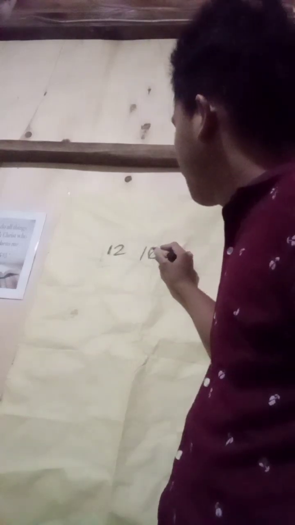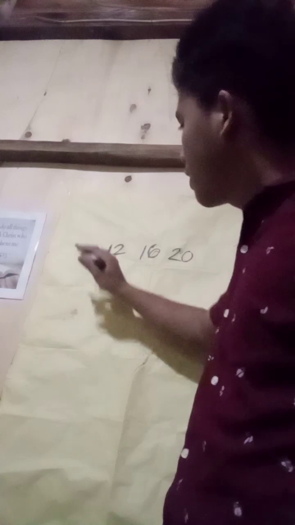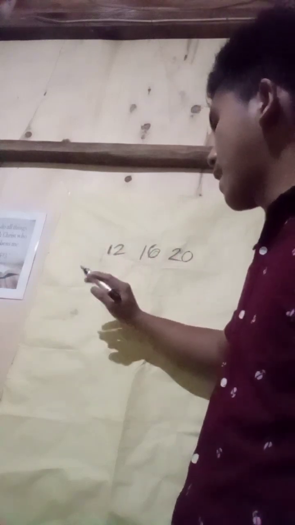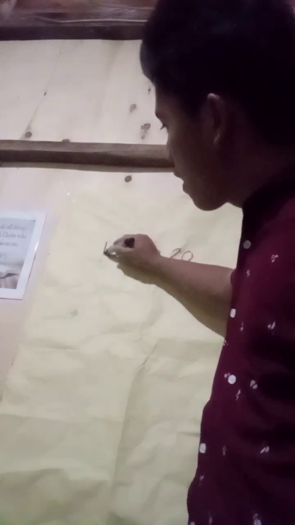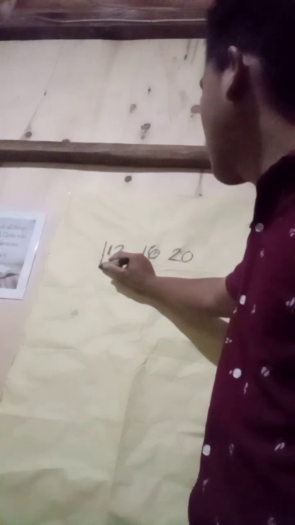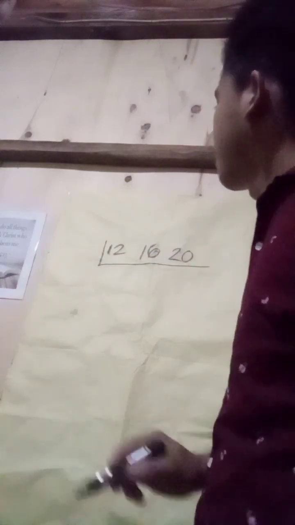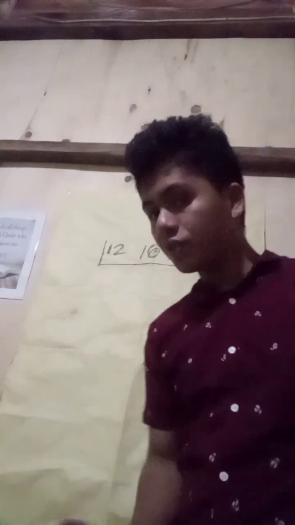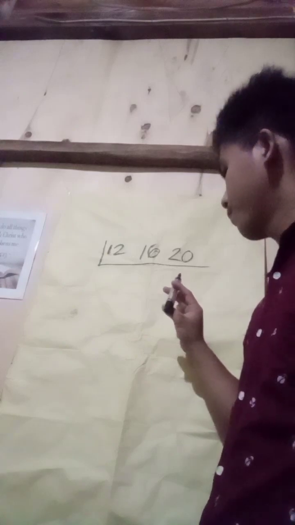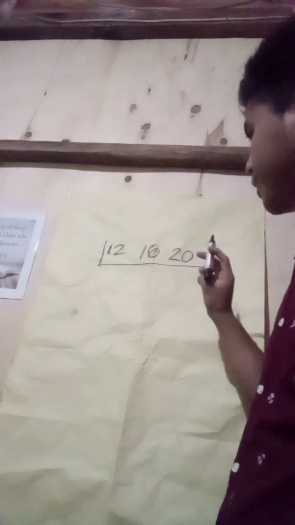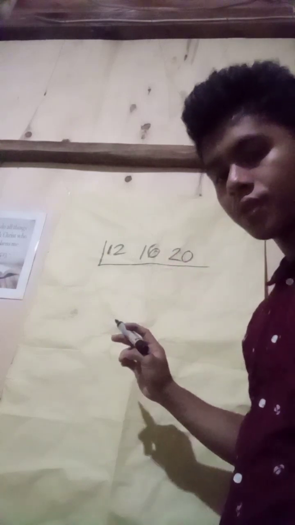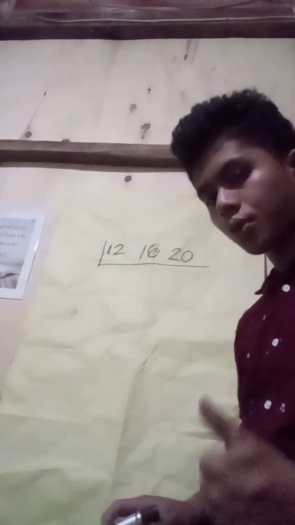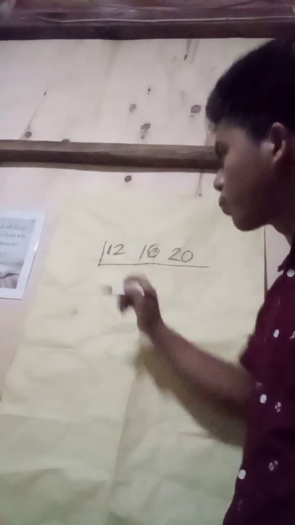So first, we need to take the common prime factor, and we need to draw a horizontal line. And what do you think is the common prime factor of these 3 numbers? So we need to try 2.